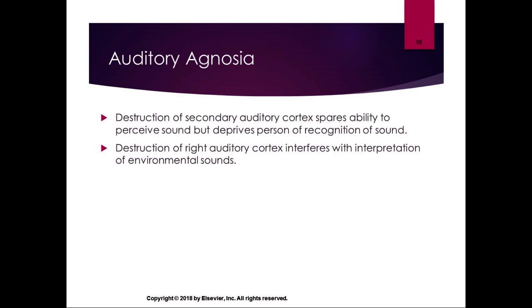So a lot of the things on our right sensory cortex has to do with spatial analysis and what's going on around you in the environment. And so when you have the right auditory cortex, you can't figure out what's going on around you by sound.